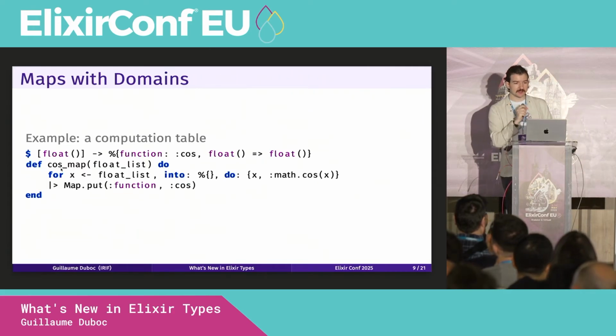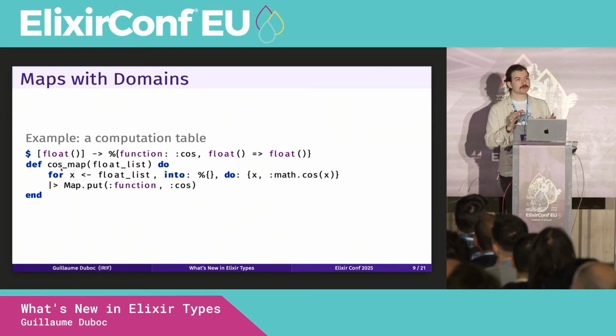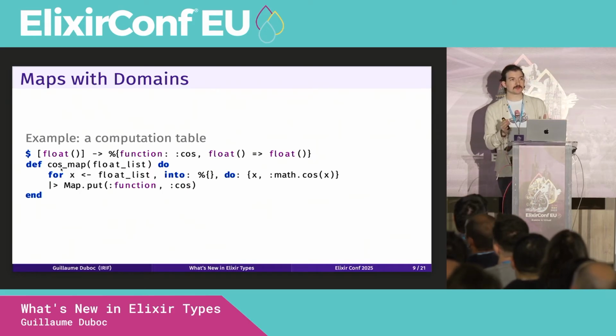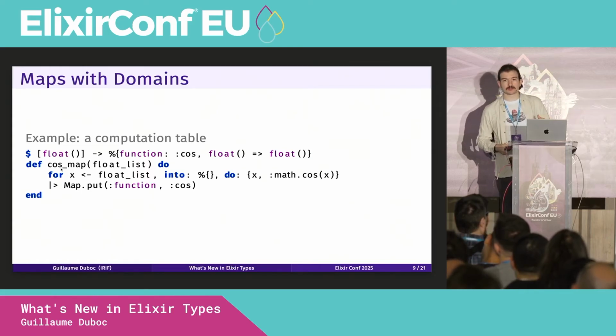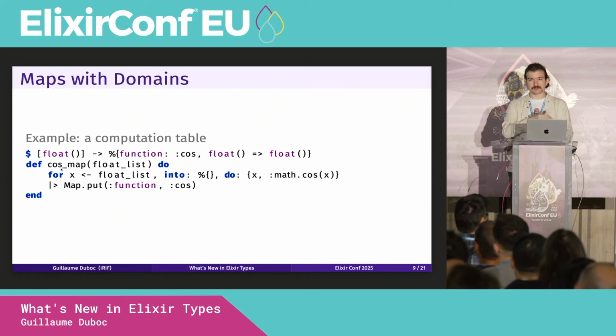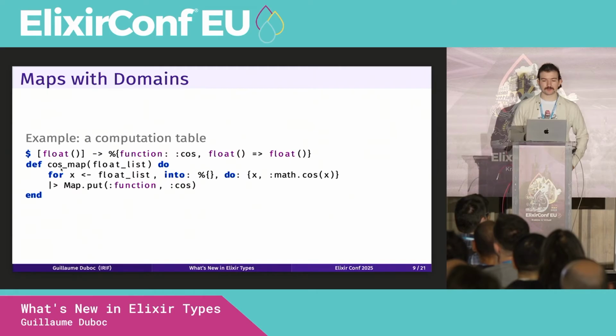Maps with domains allow us to specify not only the type of one field, but the type of a whole class of fields. So if you want to use a map to store some sort of computation on floats, you're going to be able to say that the float keys in this map map to other floats.